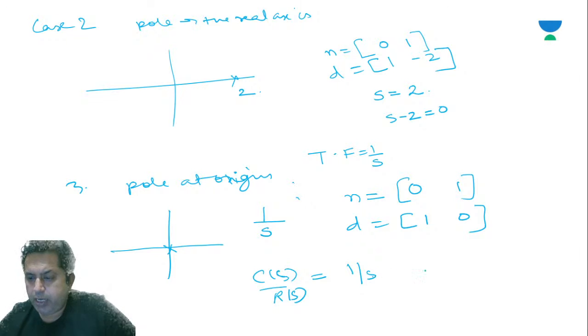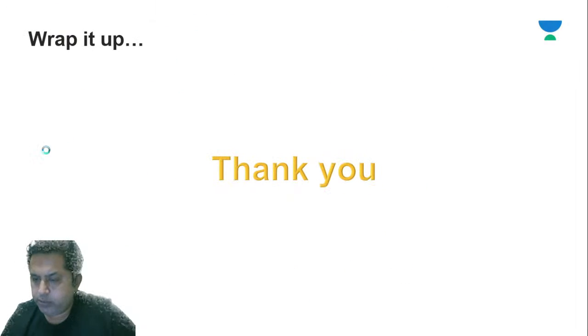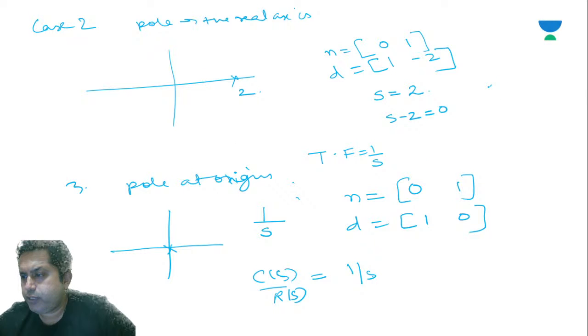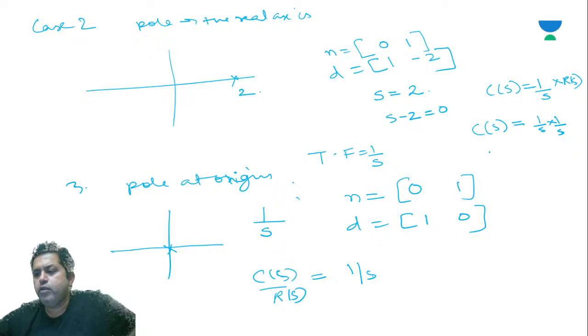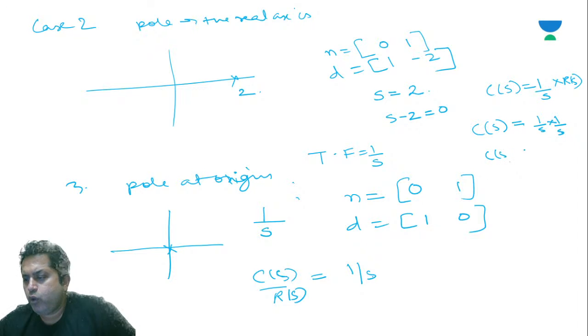So C(s) by R(s). What is C(s)? C(s) will be equal to 1 by s into R(s), which is 1 by s into 1 by s. So C(s) is equal to 1 by s square.